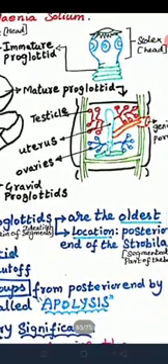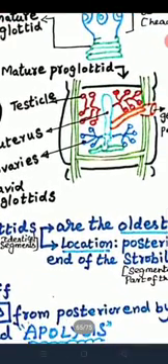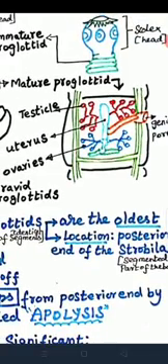When we observe a mature proglottid under a microscope, we can see this kind of view. Each and every mature proglottid has testes and ovaries, that means male and female sex organs. That's why it is considered hermaphroditic.